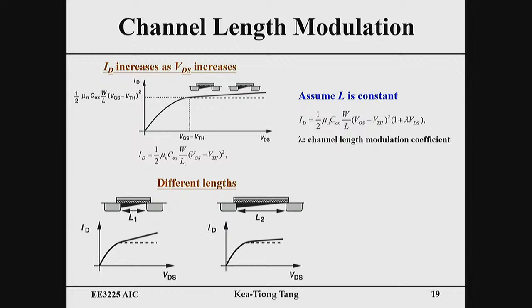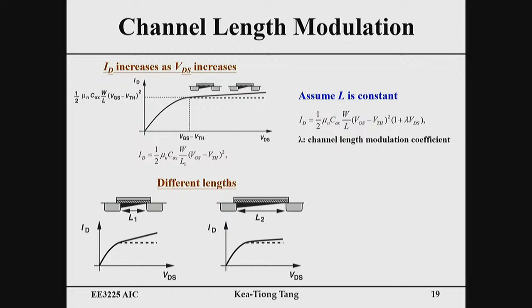And you have some control over this lambda. Why? If we have a shorter channel compared to a longer channel, and we shrink the channel a little bit, for a shorter channel you will see a big effect, right?